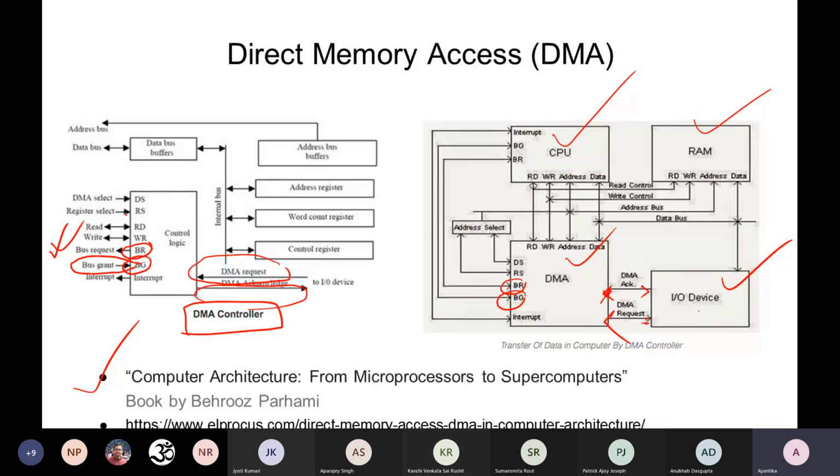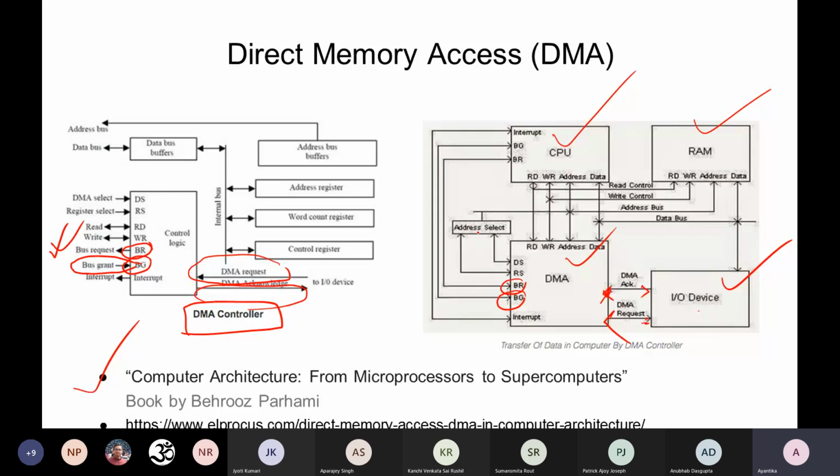That means, okay, the CPU is allowing that now DMA controller will control the bus, and according to the given inputs coming from the DMA controller, data transfer will take place. Fine.